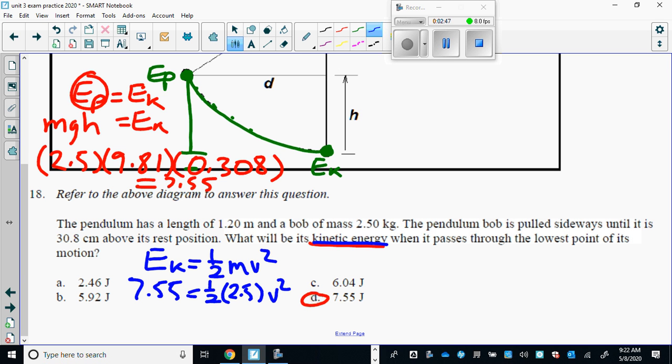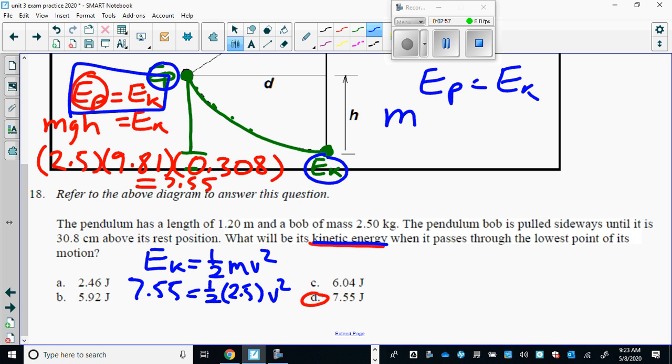Because all of the potential energy is converted into kinetic energy, when we expand this formula, the mass actually becomes irrelevant.